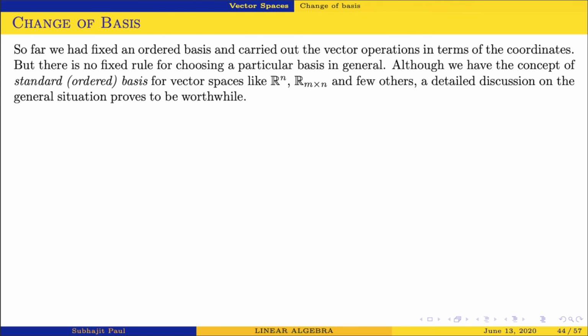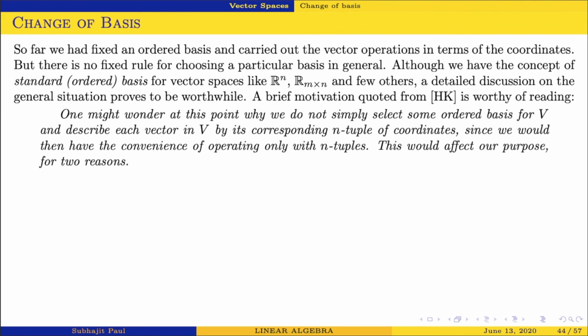A brief motivation quoted from Hoffman-Kunze is worthy of reading. One might wonder at this point why we do not simply select some ordered basis for V and describe each vector in V by its corresponding n-tuple of coordinates, since we would then have the convenience of operating only with n-tuples. This would defeat our purpose for two reasons.